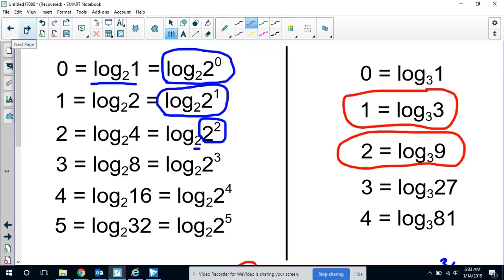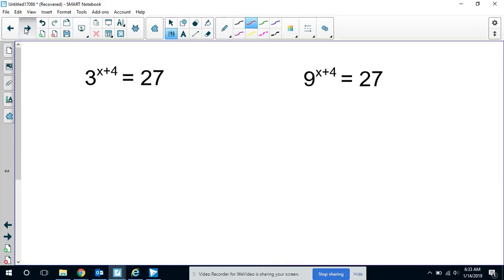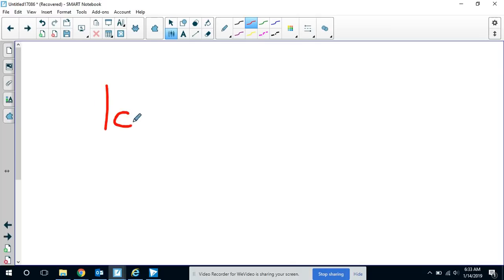So if we're taking a look at why this might be the case, let's just really quickly, once again, go over how to rewrite functions.